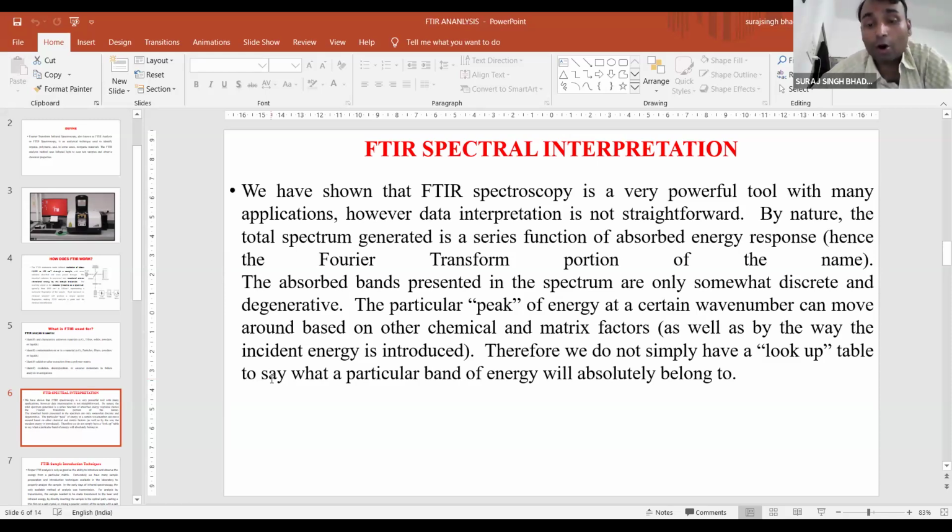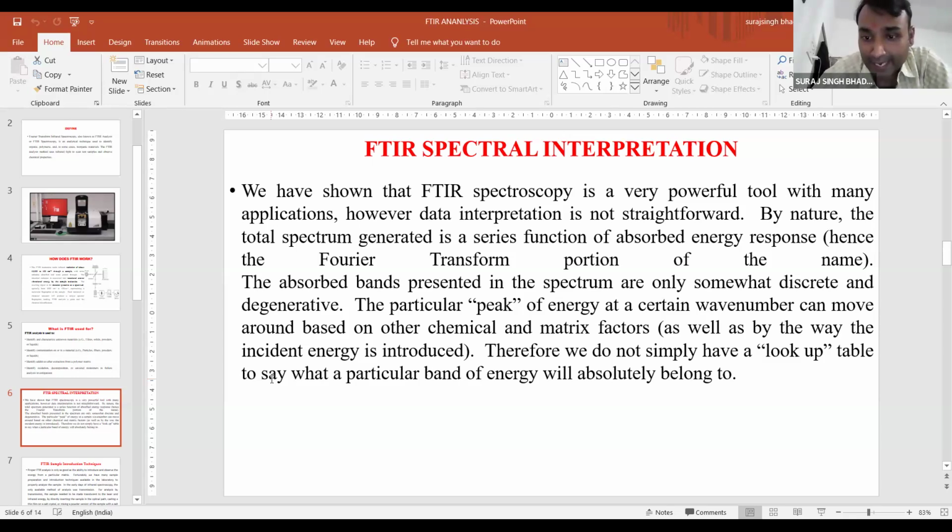It depends on the absorbed energy response, basically how much energy is absorbed by the different molecules or compounds present in our solvent system, and they make up your spectral interpretation.